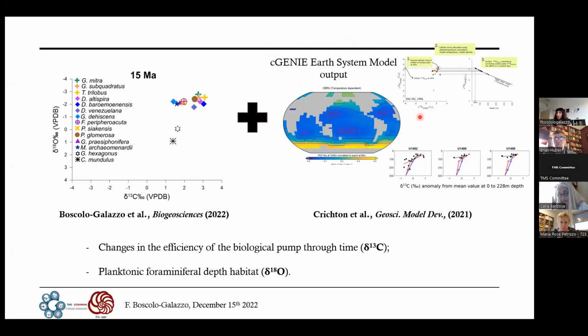So the aim of matching the foraminifera and model derived oxygen and carbon stable isotope data was, from one side, to reconstruct changes in the efficiency of the biological pump through time based on carbon-13, and from another side to reconstruct planktonic foraminifera depth habitat evolution based on oxygen-18.